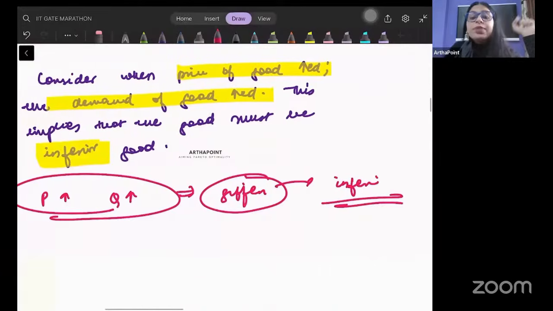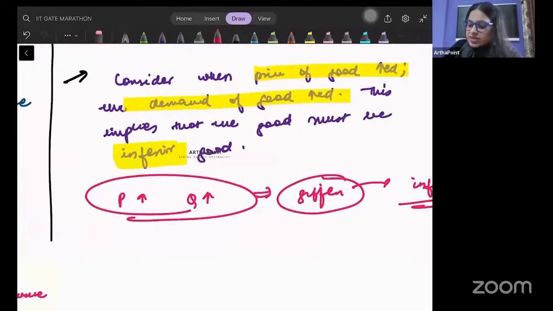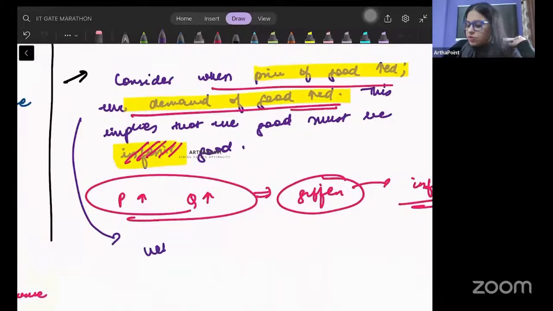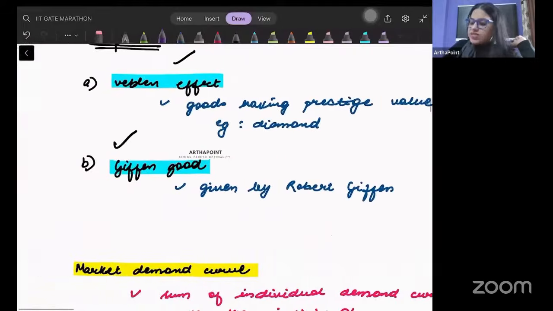Well, here it is very important to remember that the law of demand is violated for other goods also. So it is not necessary that it was a Giffen good. It may be the case that it was a Veblen good. Veblen goods are those goods where you have a prestige value attached.